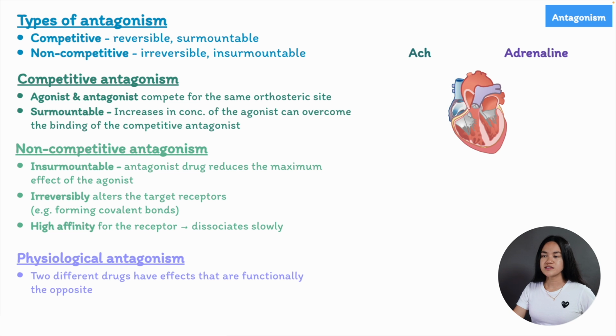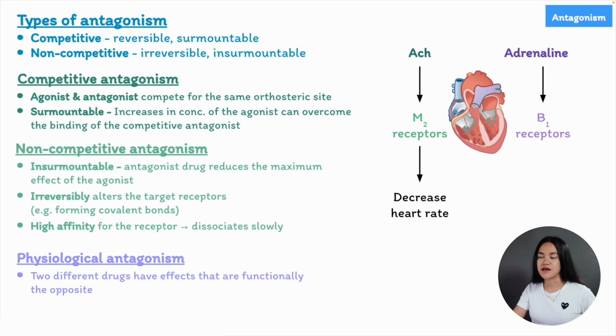So the heart contains various receptors, including muscarinic and adrenergic receptors. Acetylcholine activates muscarinic receptors, specifically the M2 receptors, leading to a decrease in heart rate. So acetylcholine is an agonist at the M2 receptors. Now, adrenaline acts as an agonist at beta-1 adrenergic receptors, resulting in an increase in heart rate.